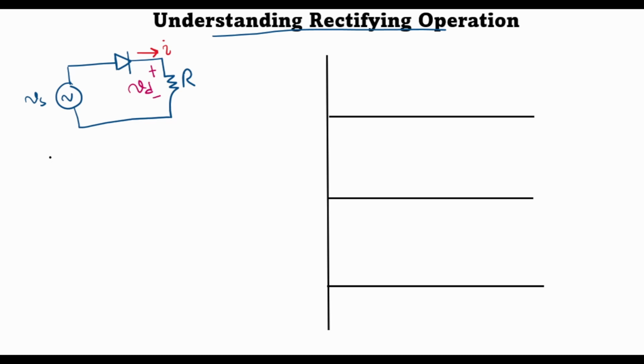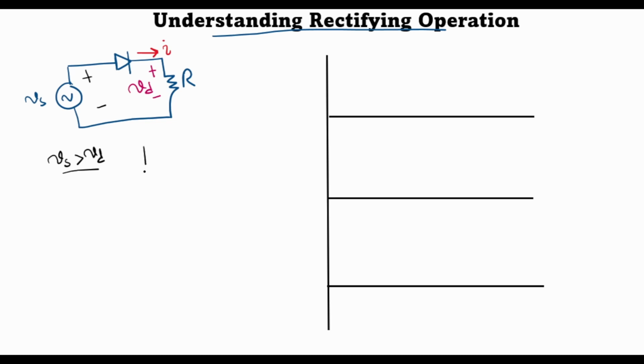We know that when the diode is forward biased, that is when Vs is greater than Vd, when this voltage will be greater than the load voltage, then the diode will be forward biased and it will conduct in the forward direction.